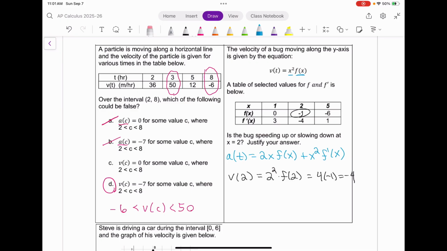All right, so back to our acceleration. So our acceleration at 2, right, would be 2 times f of 2 plus 2 squared times the derivative at 2. Okay, so this is 4 times -1 plus 4 times the derivative at 2, which is -4.